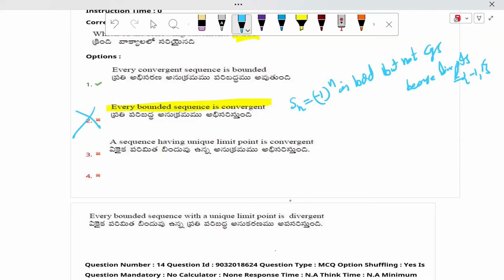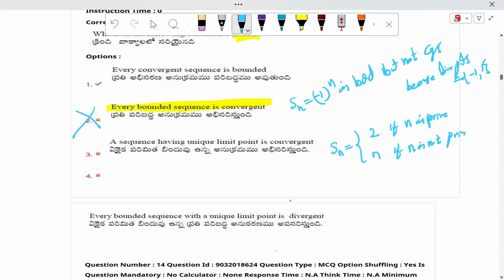For example, we can take the sequence Sn equal to 2 if n is prime, and n if n is not prime.